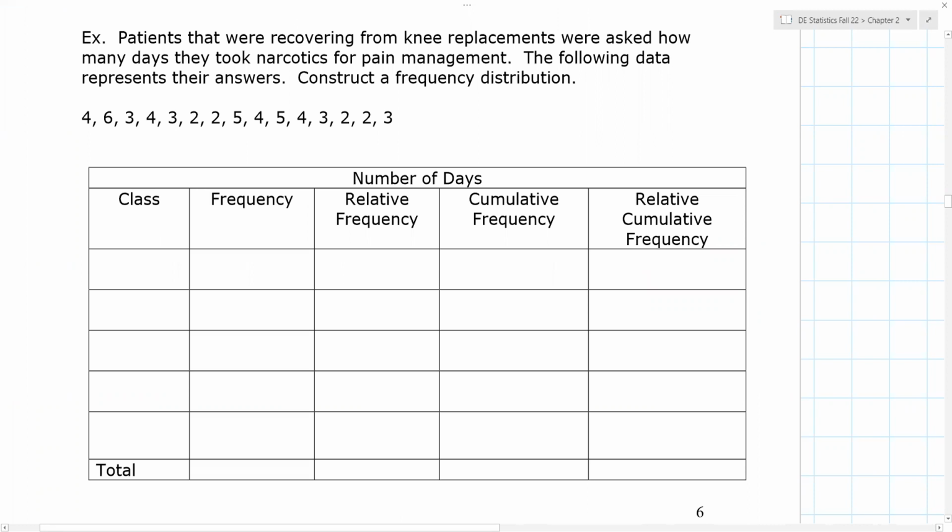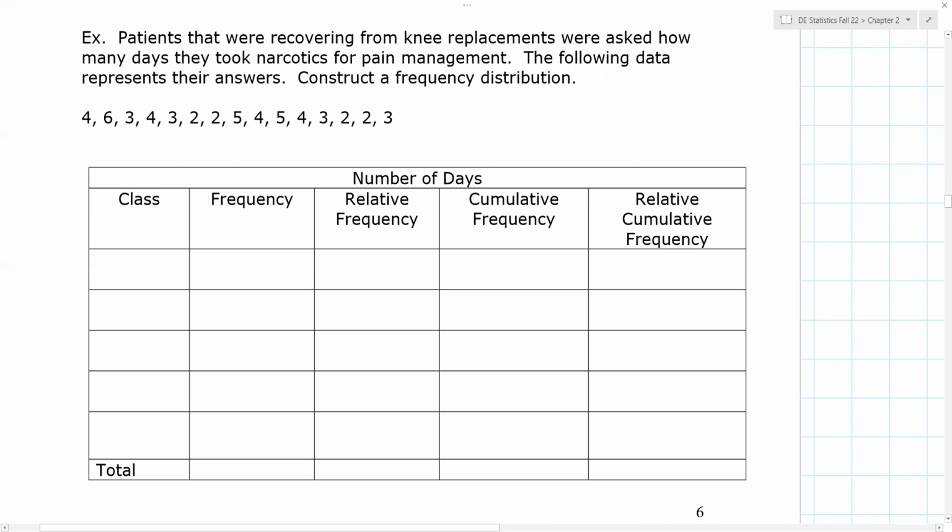So this is the setup for the backstory for our first problem. We have patients that are recovering from a knee replacement surgery. They were asked how many days they took narcotics for pain management, and the following data represents their answers. We are to construct a frequency distribution. So we go through and we see all of the possible data values.